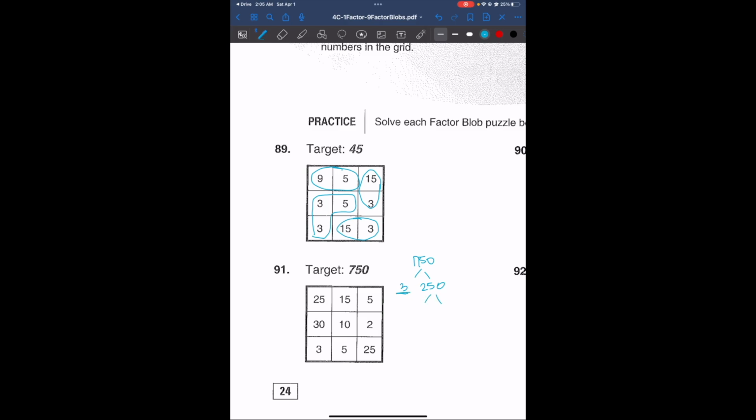Then 250 can be further broken down into 50 and 5. 5 is a prime number, so we stop there. 50 can be further broken down into 10 times 5, and 10 can be broken down into 5 times 2. The ones with the underlines are part of the prime factorization. So we can write this as 750 equals 2 times 3 times 5 to the power of 3.